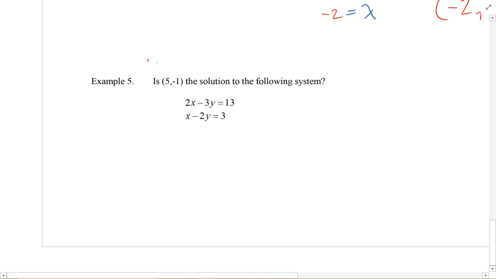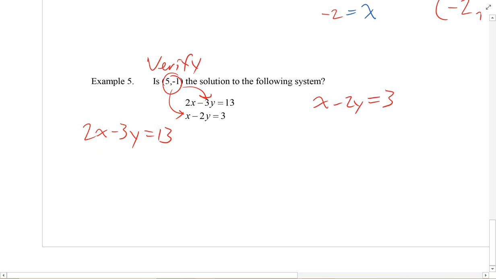The last thing is to verify. So you've got to take this solution, put it into both equations. So let's have the 2x minus 3y equals 13. We'll do that one here. And then the x minus 2y equals 3, we'll do that one over there. Okay. It's key and important to remember that it's x comma y. So those are the values in that order when you're substituting in.